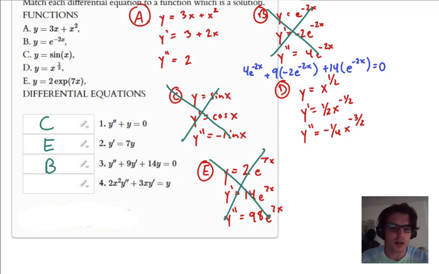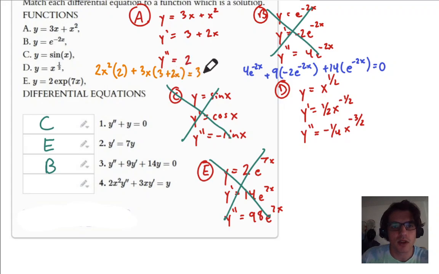Maybe we should try this one with A. So 2x squared times 2, y double prime plus 3x, 3 plus 2x equals 3x plus x squared. 4x squared plus, what is that, 9x plus 6x squared equals 3x plus x squared.